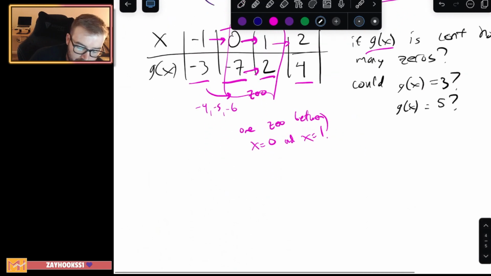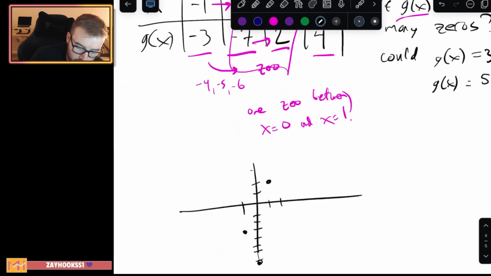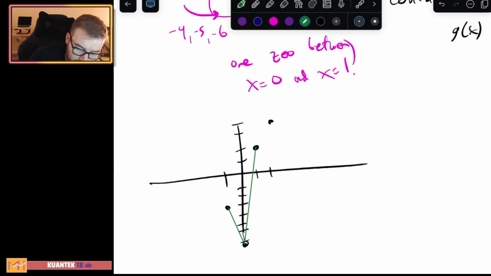And if we put this on a graph, -1, -3, 0, 7, -7, 1, 2, and 2, 4. If we drew only straight lines, there to there, there to there, there to there, right? That's a continuous function. And as you can see, there is only the one 0.